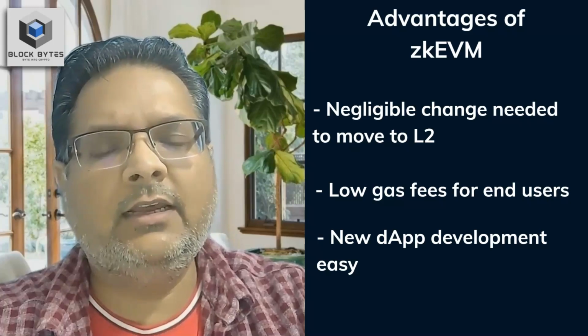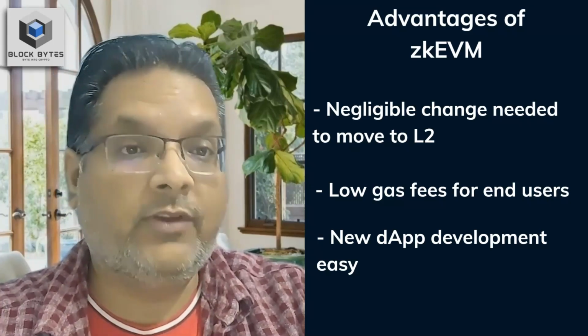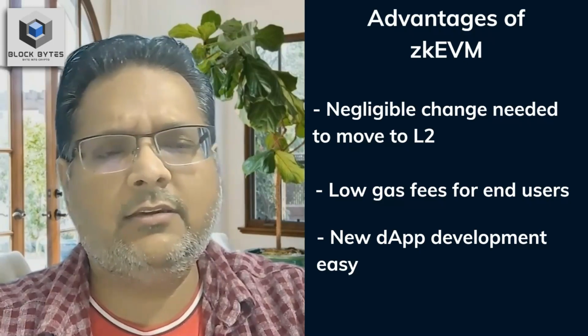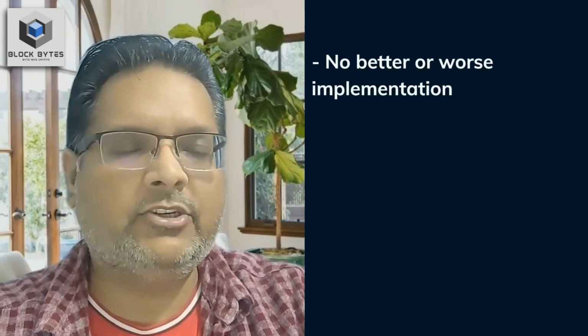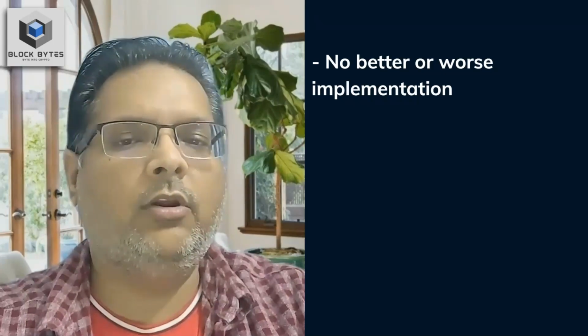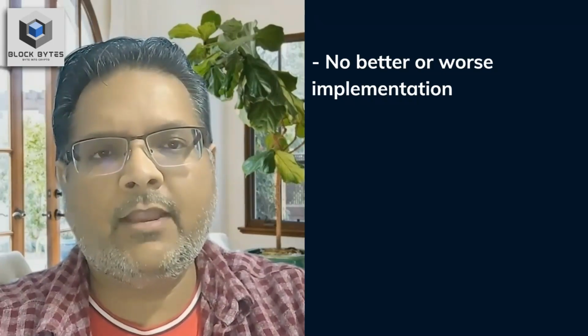One question that arises is how does one choose which type of EVM implementation is better or worse amongst the 5? According to Vitalik, there is no better or worse implementation, and it is healthy for the space to explore all the 5 types.